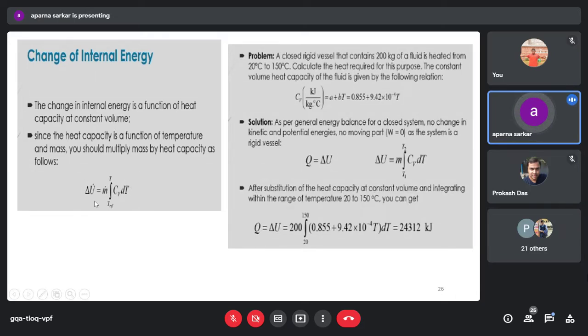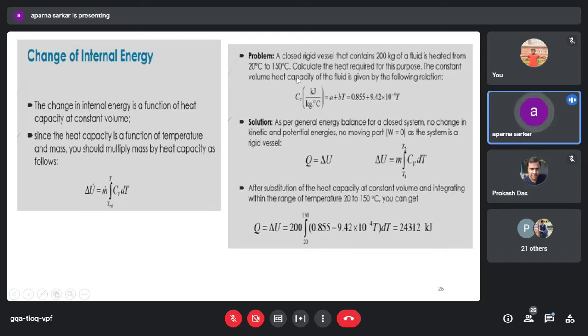Therefore, we have this formula: m integration from T reference to T, Cv dT. Cv is the constant volume heat capacity, T is the temperature, dT is the temperature change, and m is the mass flow rate of the system.